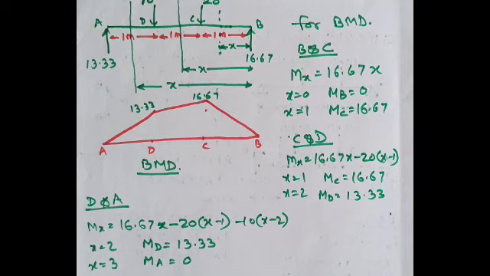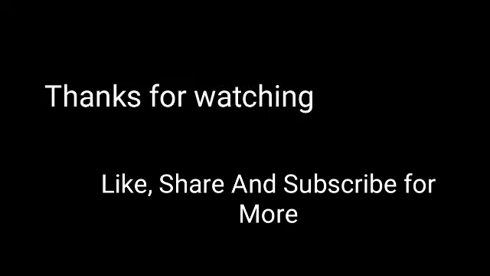At point D we have 13.33, and at point A we have the value 0. So we will join these 2 points with a straight line. In this way our bending moment diagram will be completed. So this is how we draw the shear force and bending moment diagrams for beams. Okay, thank you everyone.